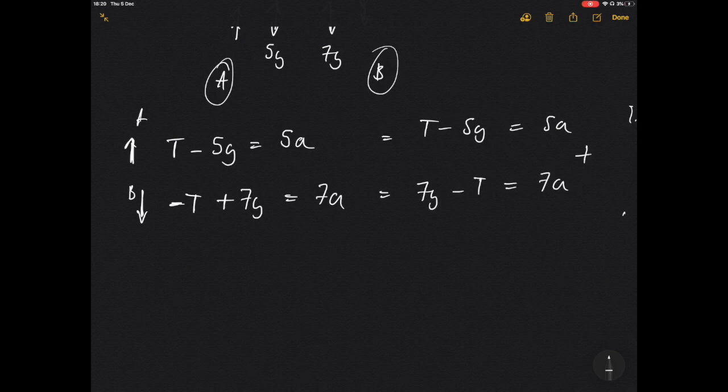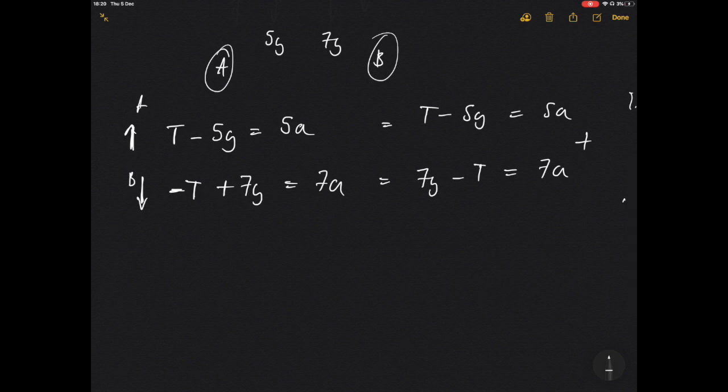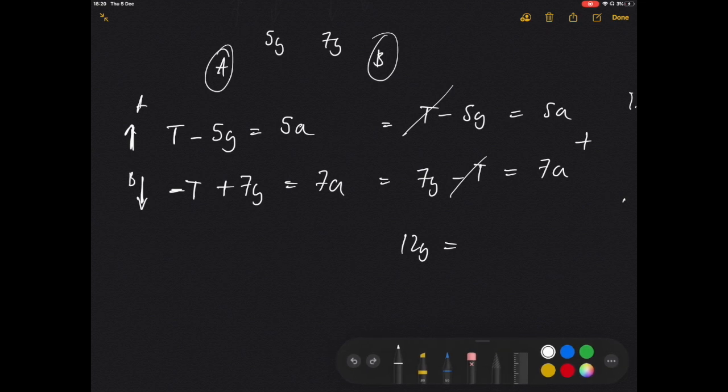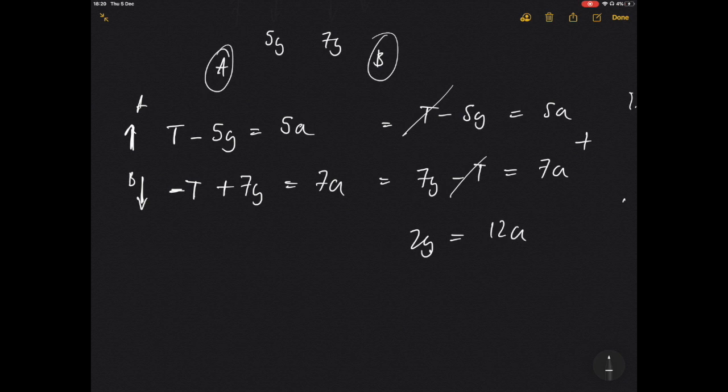If we add those together, the T would disappear, and we would have negative 5 plus 7, so 2g equals 12a, therefore a would equal 1 over 6 g. So that's quite simple: our acceleration is 1 over 6 g, in meters per second squared.